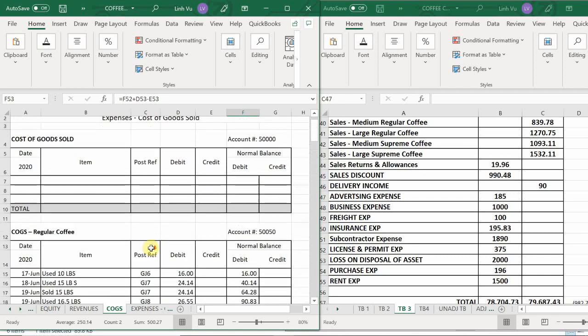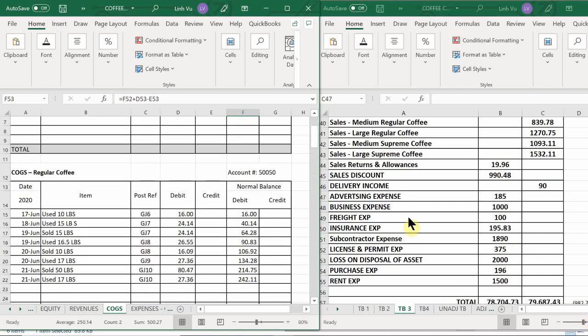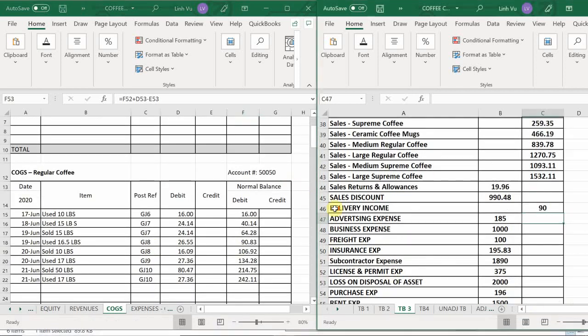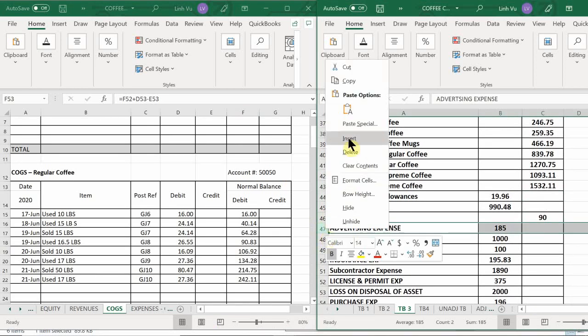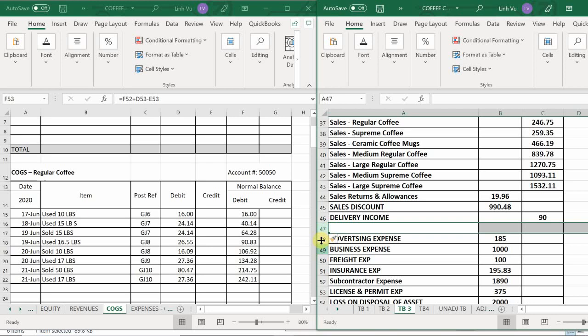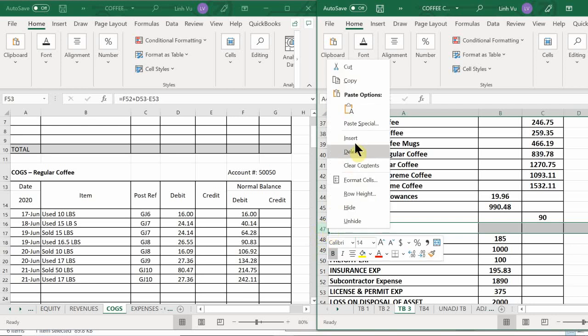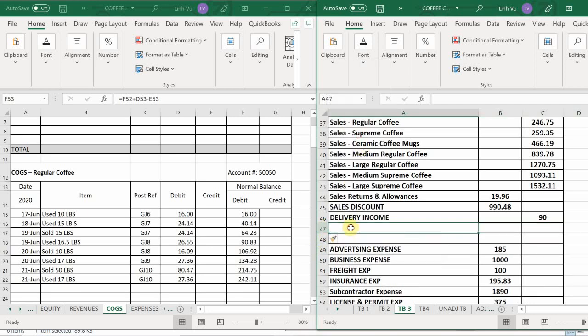Cost of goods sold is next. So cost of goods sold. Regular, Supreme. I think that's all. Yep, regular.